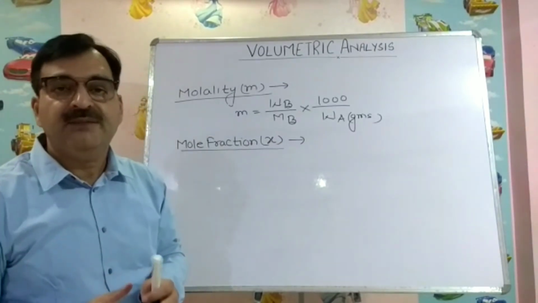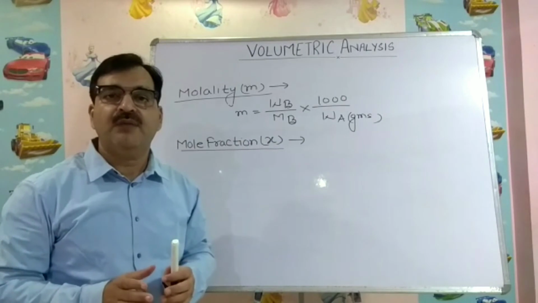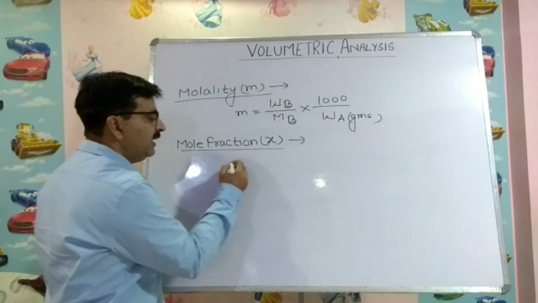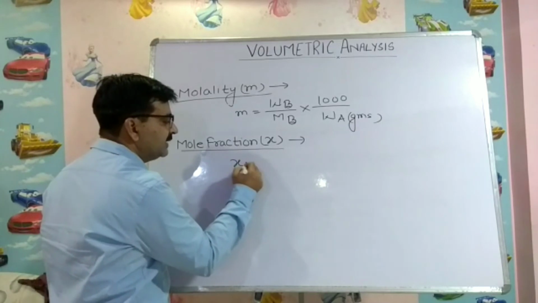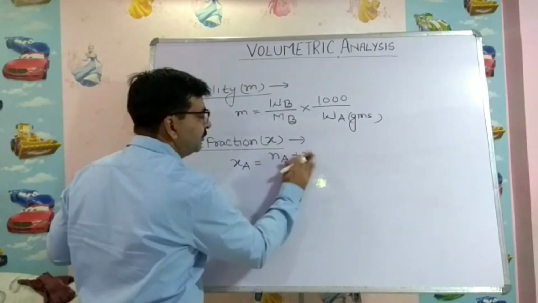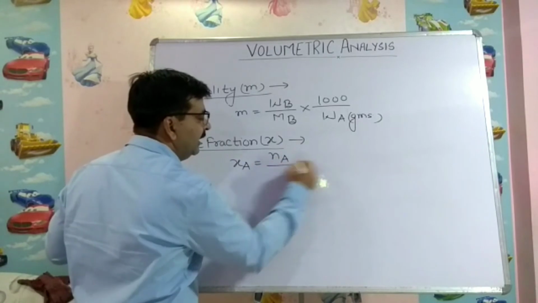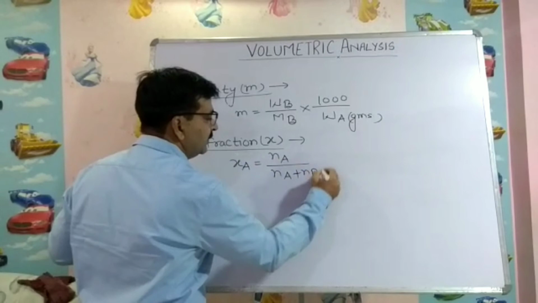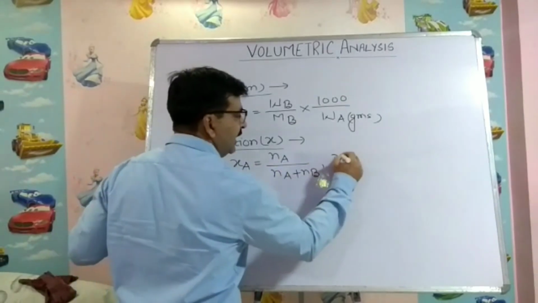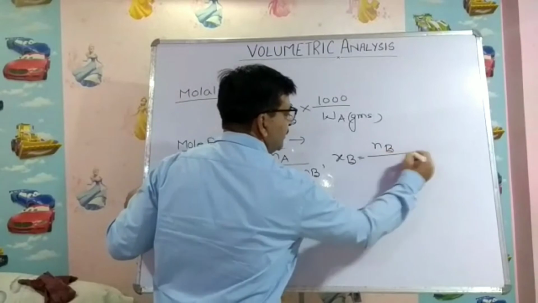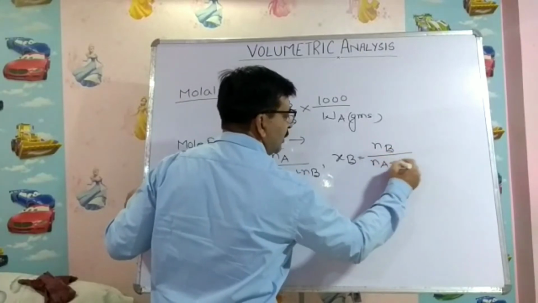If we want to calculate the mole fraction of solvent component and we have two components, then XA is equal to Na upon Na plus Nb, and for XB, it is the number of moles of B divided by total number of moles.